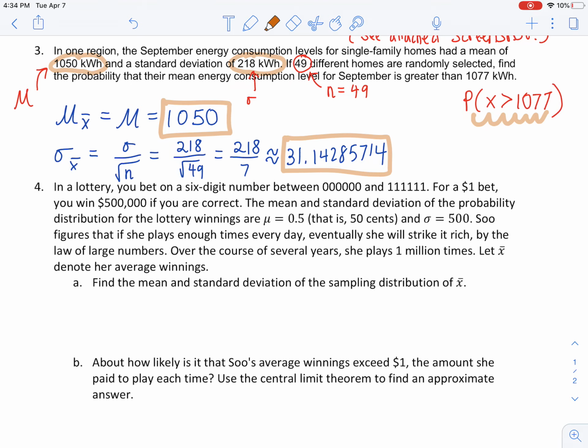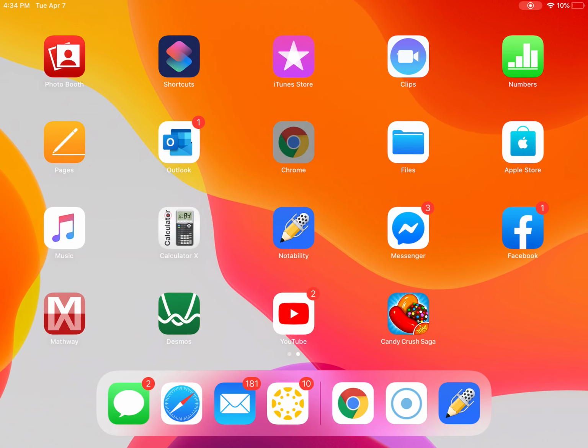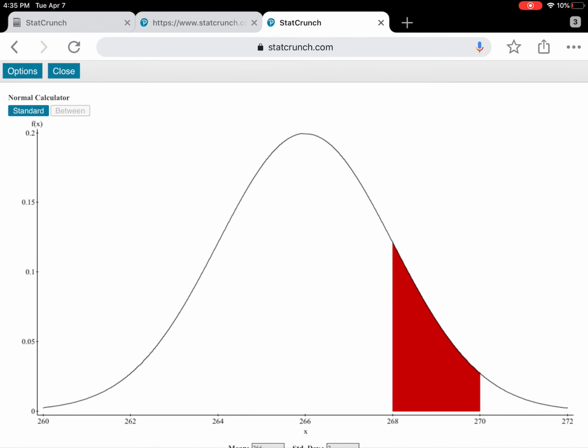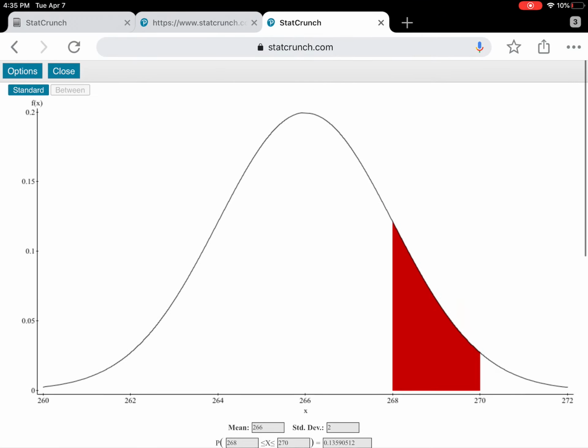Now I'm ready to plug in everything I know into the normal distribution calculator. That's the mean, that's the standard deviation, and what I want is the probability that X is greater than 1077. All right, I will need these numbers when I get to that page, so I'm typing these on my notepad real quick: 218 divided by 7, which is approximately 31.14285, and so on.